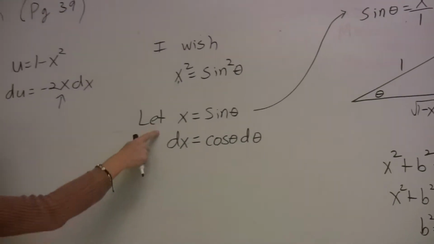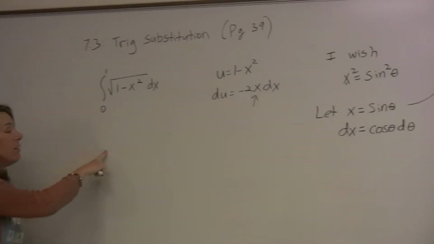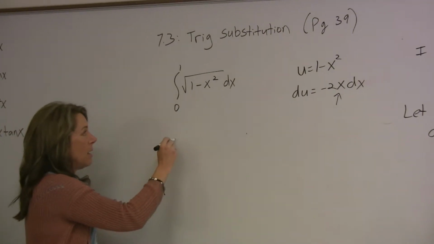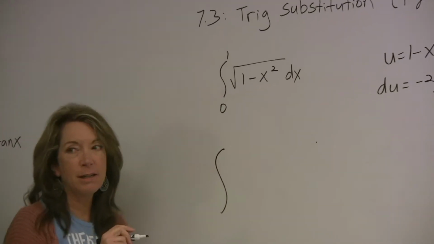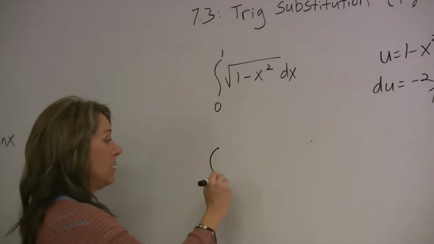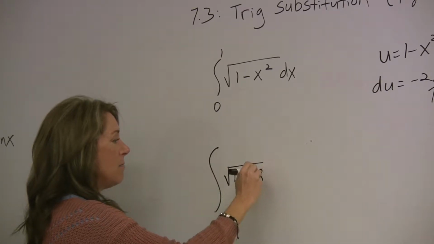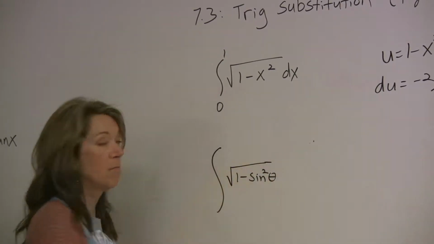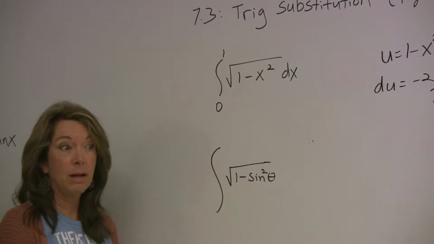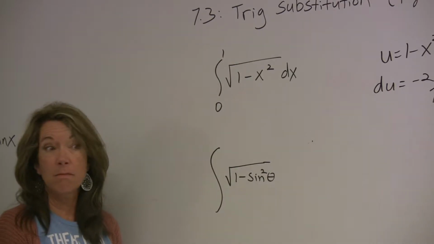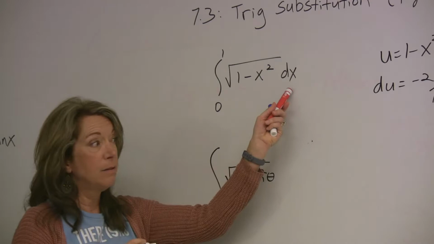Okay, so now that we're making these substitutions, let's plug everything in over here. I have an integral. I'm not going to write 0 and 1. We'll talk about that in a minute. Square root of 1 minus sine squared theta, right, because x is equal to sine theta. And what's dx?